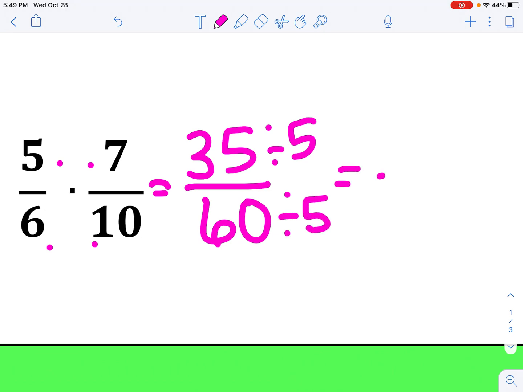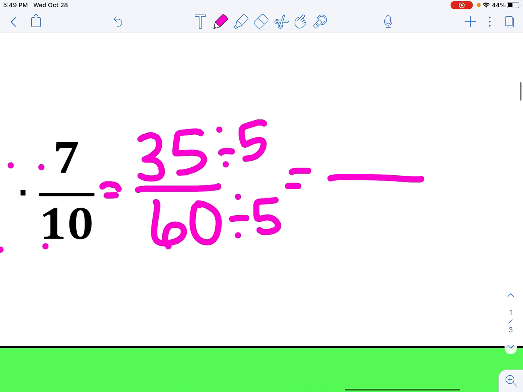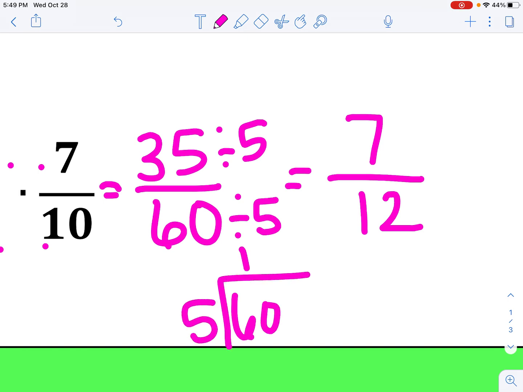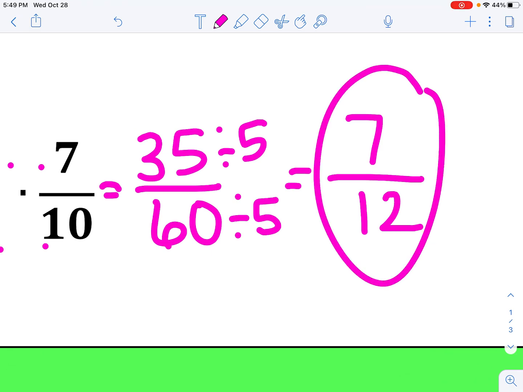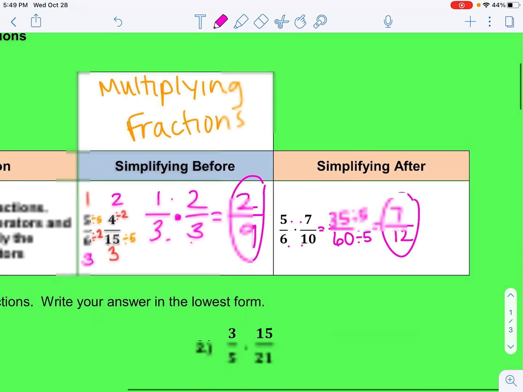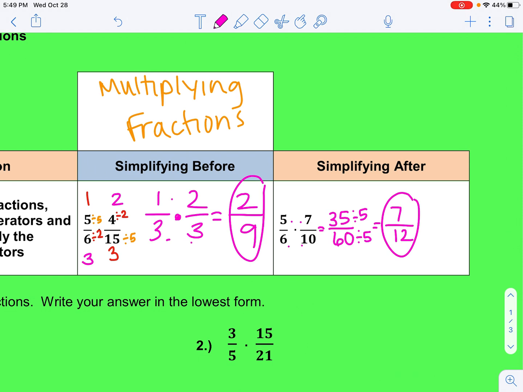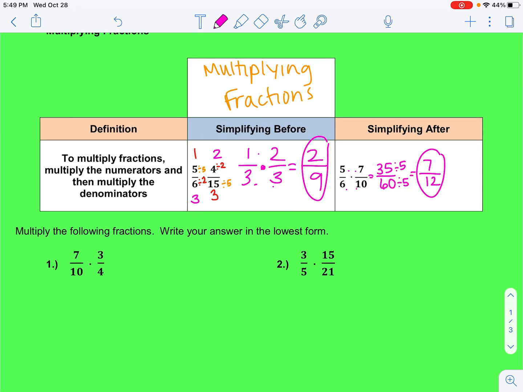Right, I can divide them both by 5. 35 divided by 5 gives me 7. 60 divided by 5, is that 12? Yes, it is. Alright, so my fraction is 7/12, and I can't simplify that anymore, so that is my answer.